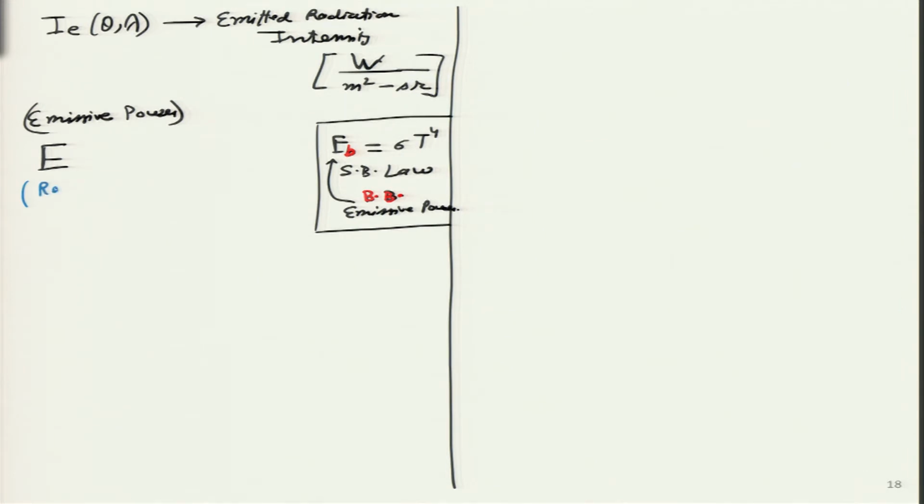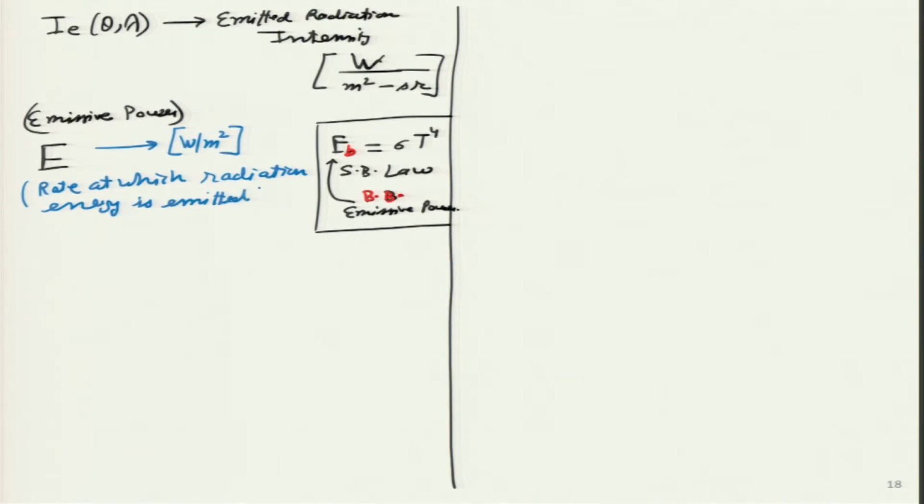This is defined as the rate at which radiation energy is emitted per unit area of the emitting surface, and the units for this will be watts per meter square.